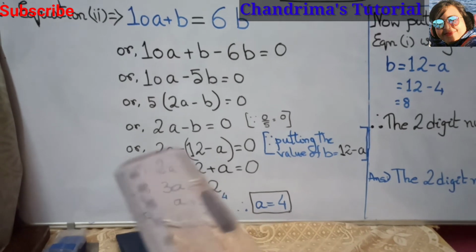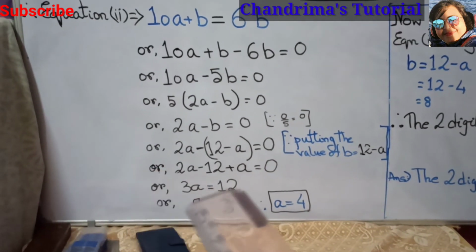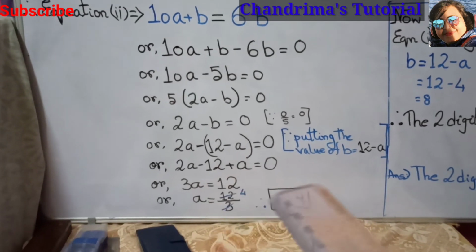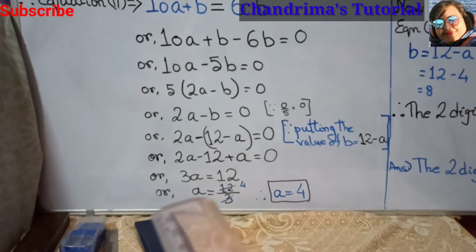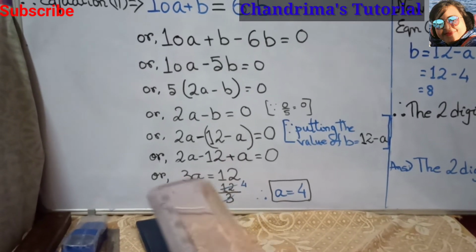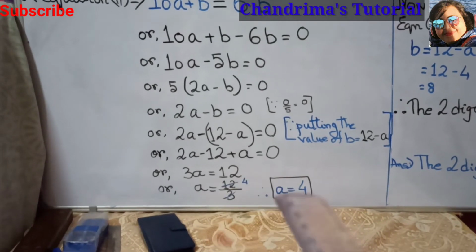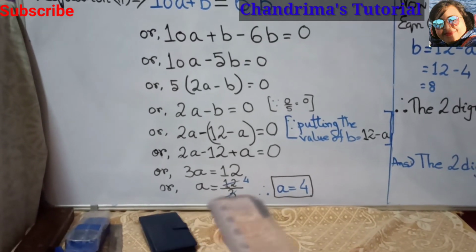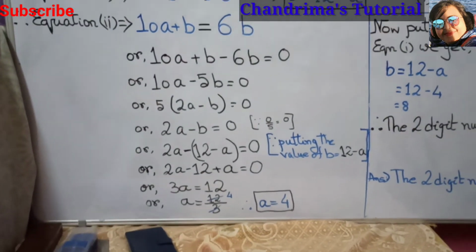The sign changes: minus minus is plus. So 2a minus 12 plus a equals 0. Now 2a plus a is 3a, and moving minus 12 to the right hand side, 3a equals 12. Solving it, a equals 12 divided by 3, so a equals 4.